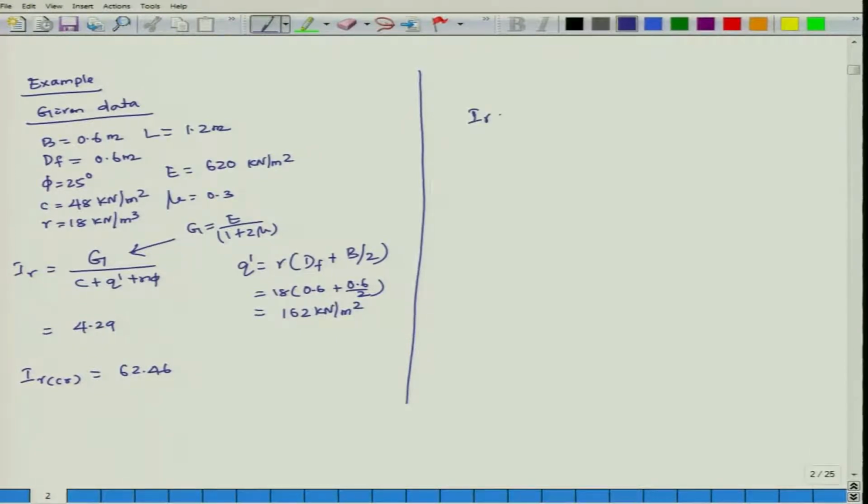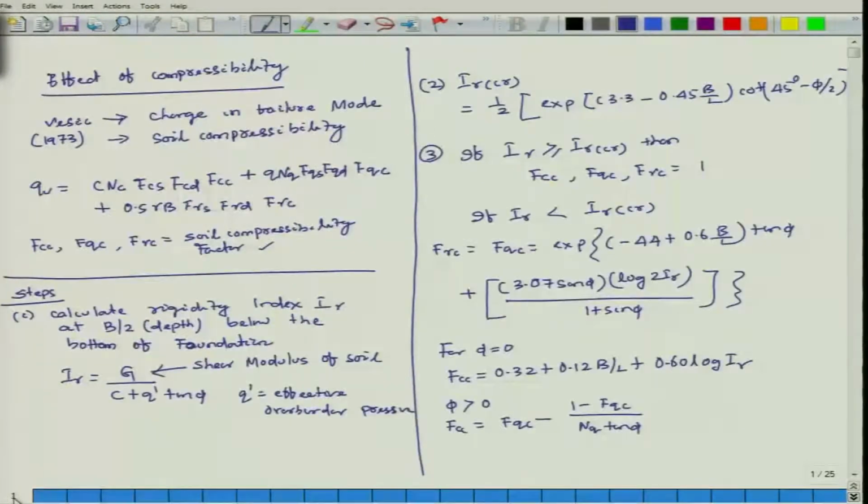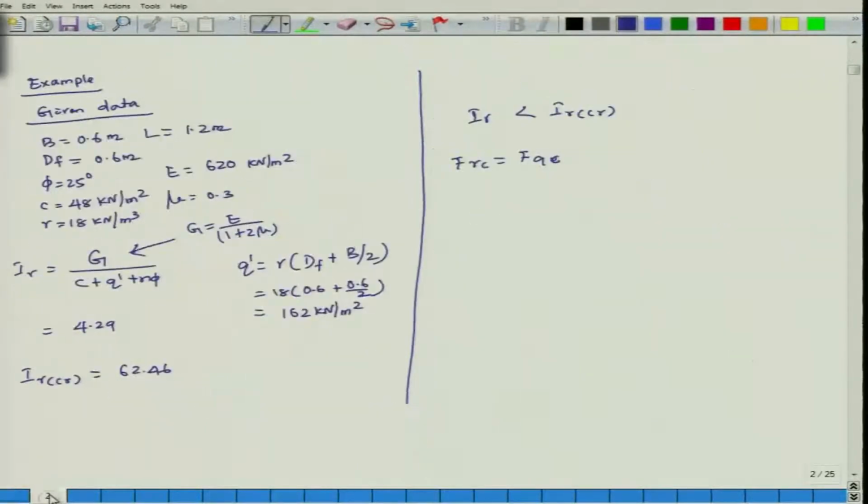So, what you are getting is that the rigidity index IR is less than IR CR. Now, once it is less than, you calculate FRC, which is equal to FQC, based on the empirical relations that have been given.